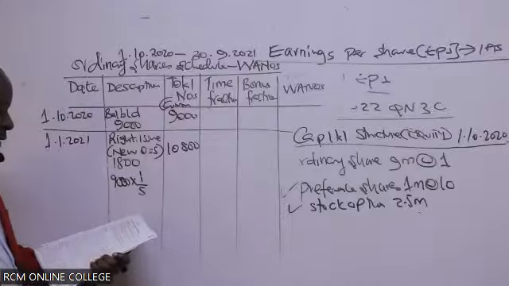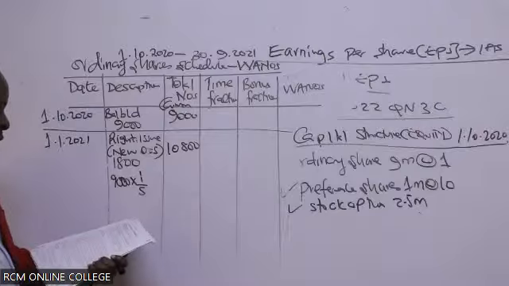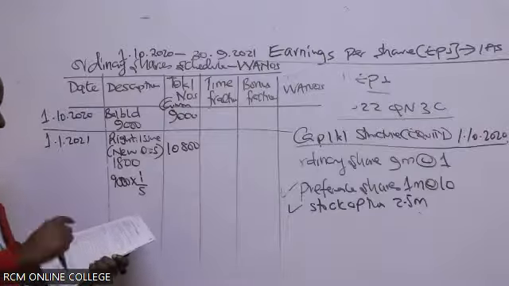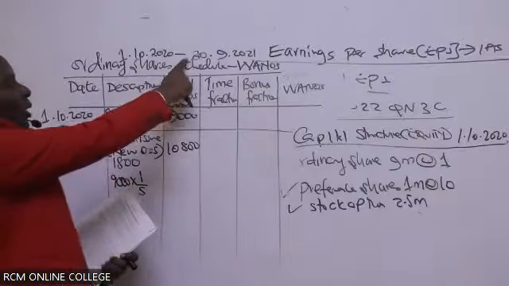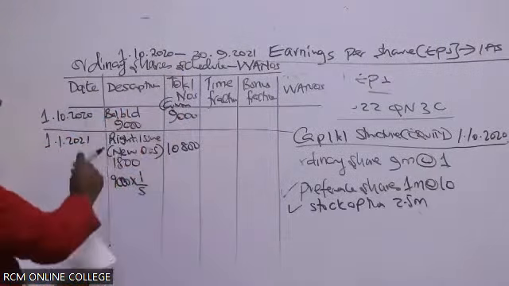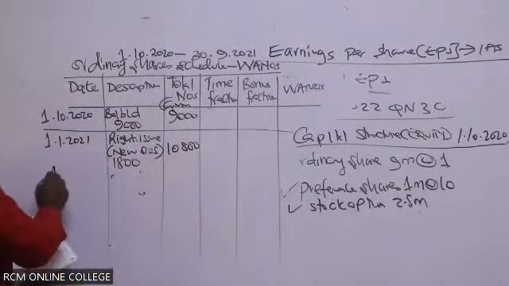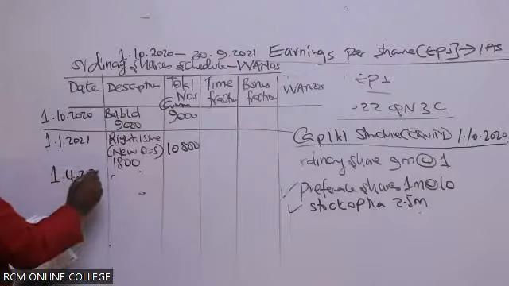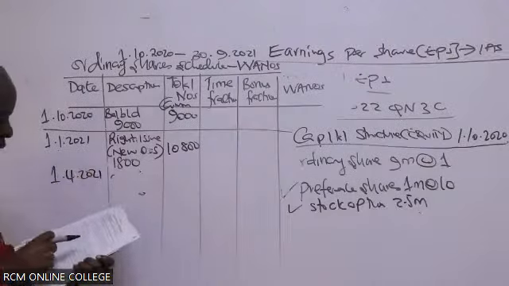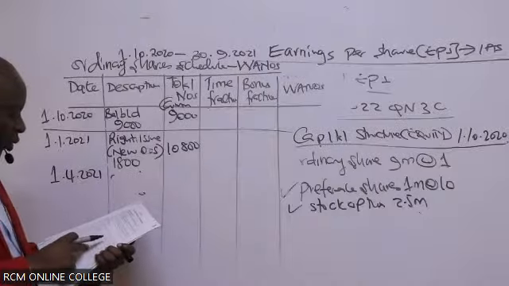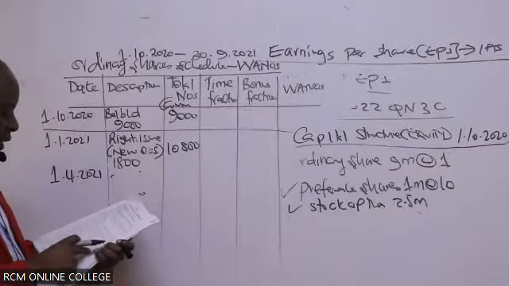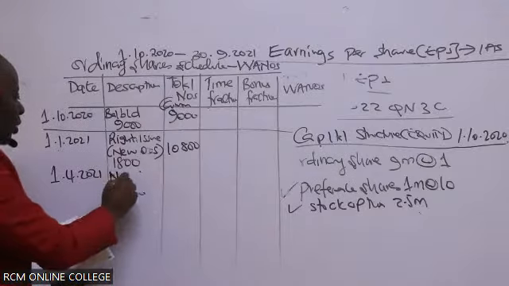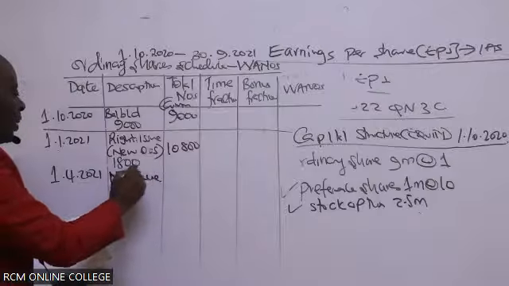On 1st April 2021, this was a straightforward question because it's not a two-year question. Because 1st April 2021 still falls here. So 1st April 2021, ladies and gentlemen, how many shares are there? In this case here, we had a new issue. New issue at full market price.